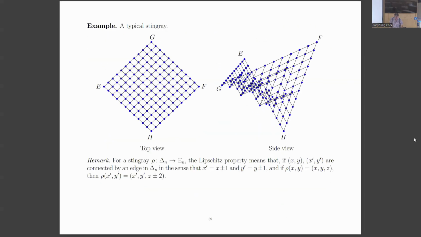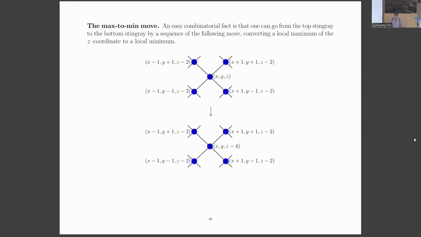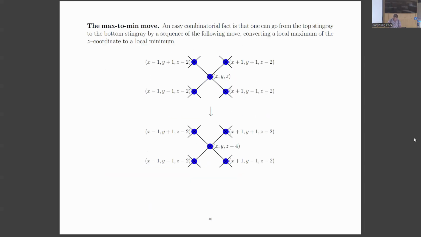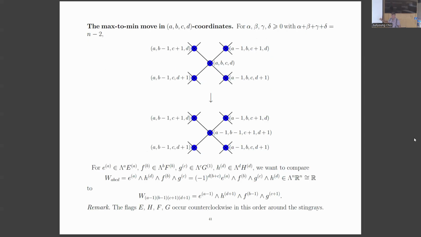I have a problem to tell the difference between past and future. So if you take this picture, but you express it in the ABCD coordinates, that's what you get. Just use the correspondence and don't try to understand what they mean. It's just that there are formulas like this.